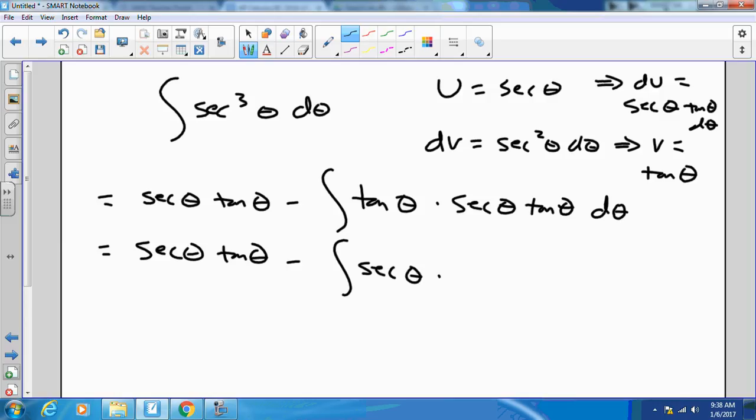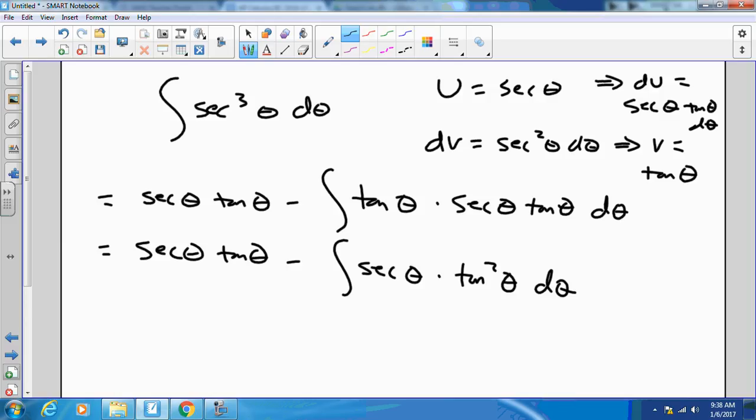Let's clean this up a little bit. Tangent squared, yep, that's right. Then we choose secant as u. Good.